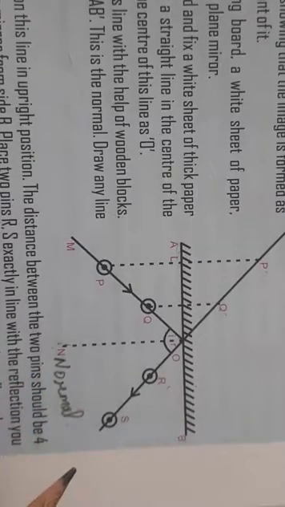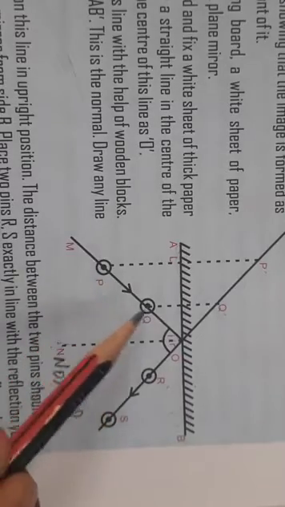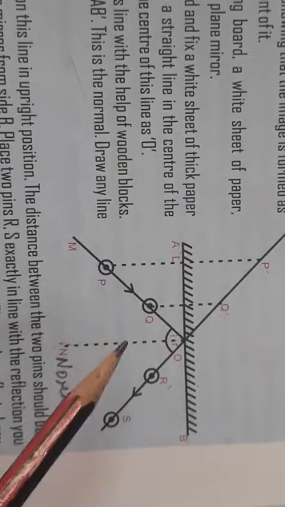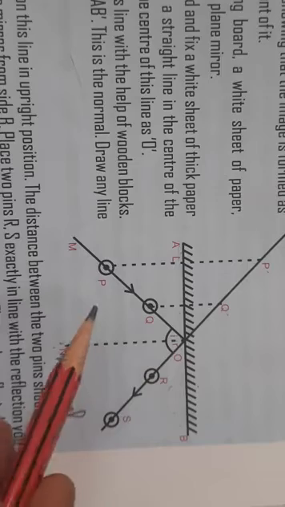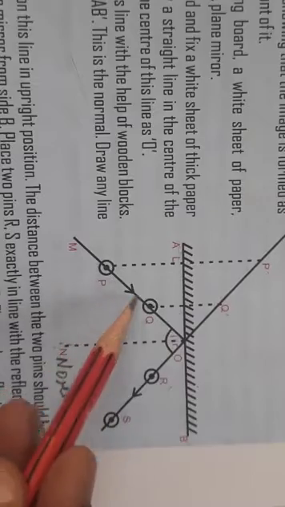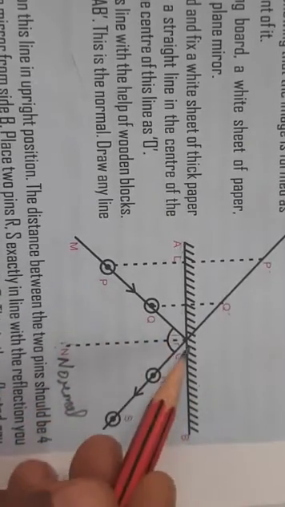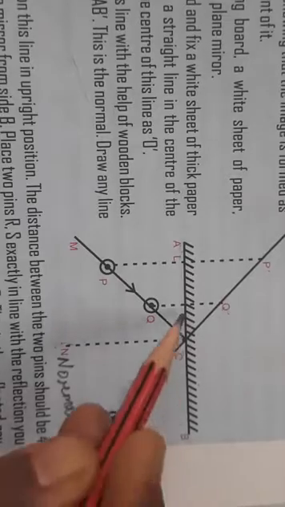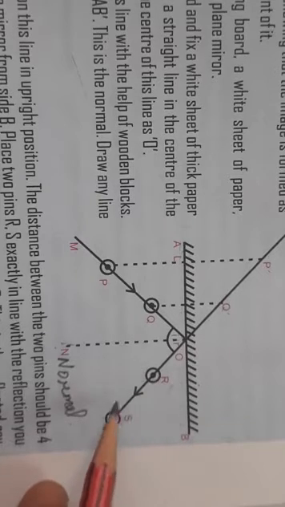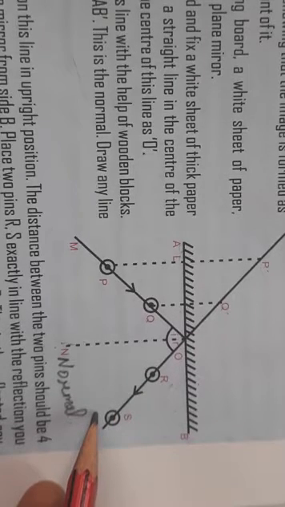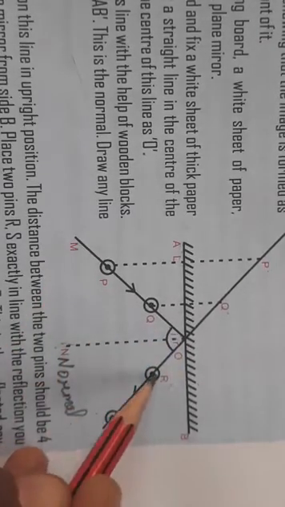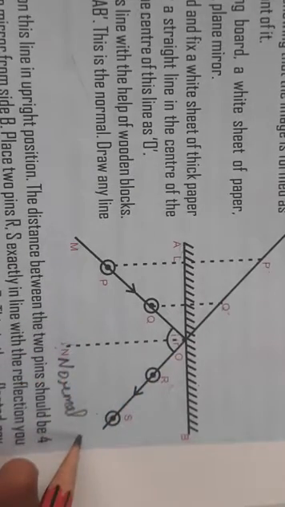Now you have to insert two pins at any point, at least 4 to 5 centimeters apart from each other. When you look at these pins in the mirror, you will see the reflected rays on this mirror, and you can mark them as R and S. Wherever the reflected rays are formed you have to draw a line with the help of the ruler.